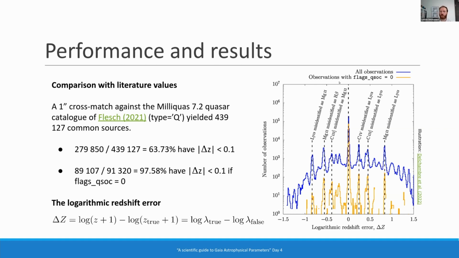And actually, if we require flag QSOC to be equal to 0, we have that 97.6% of the predictions are correctly predicted. So I consider here that a redshift error that is lower than 0.1 is not catastrophic.